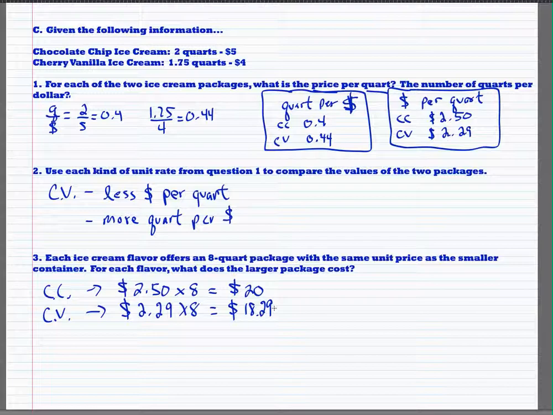And that's that. Nope, I'm sorry. I lied. It's not $18.29. It's $18.32. Sorry about that. So $18.32 is the price of the 8-quart version of the cherry vanilla. All right, that's 1.3.